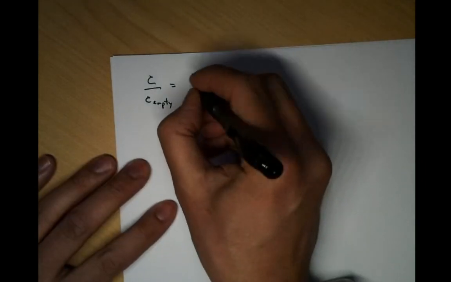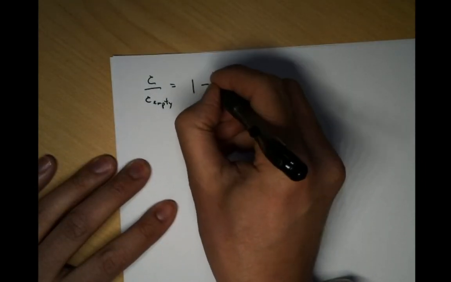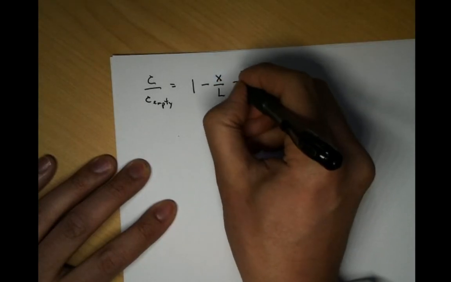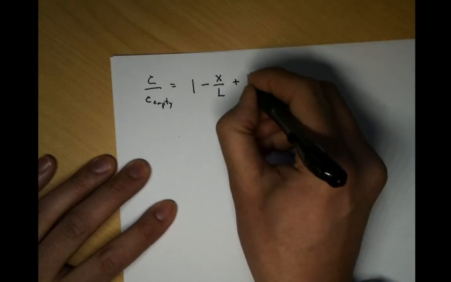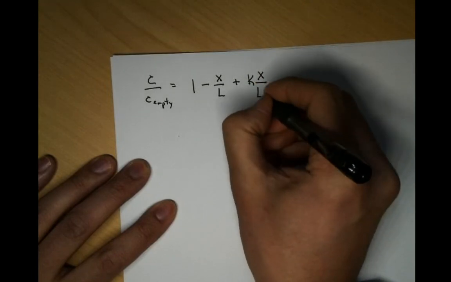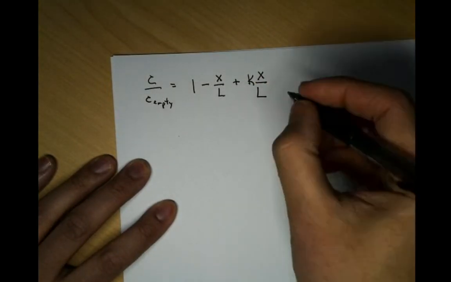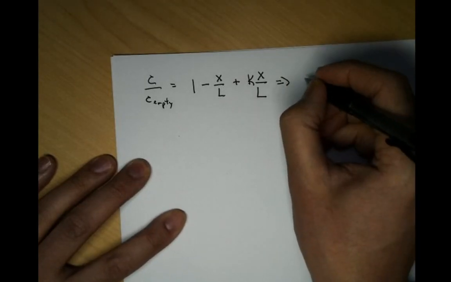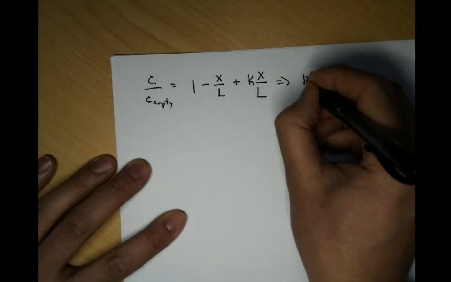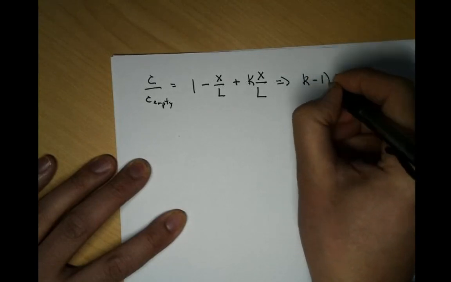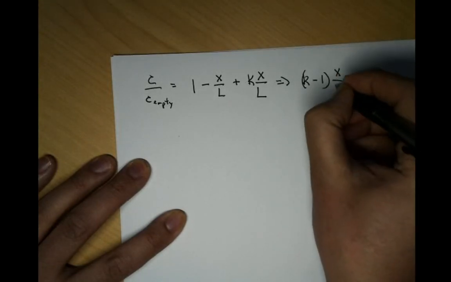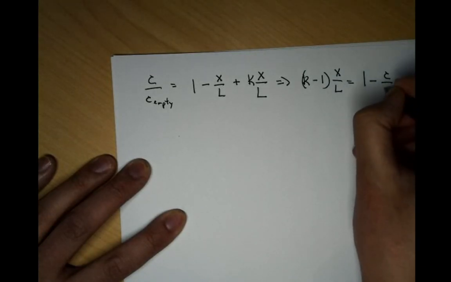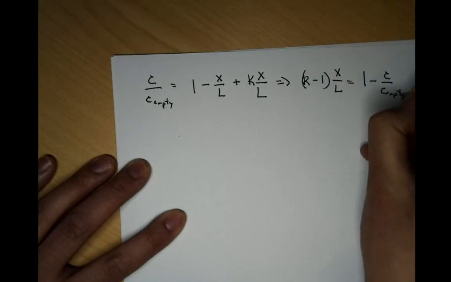This is going to be equal to 1 minus x over L plus kappa x over L, right? And so that means that kappa minus 1 times x over L is equal to 1 minus C over C empty, okay?